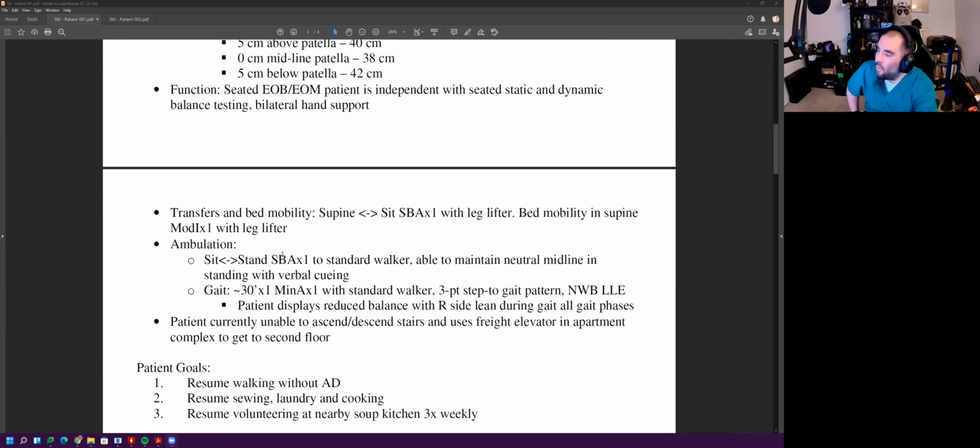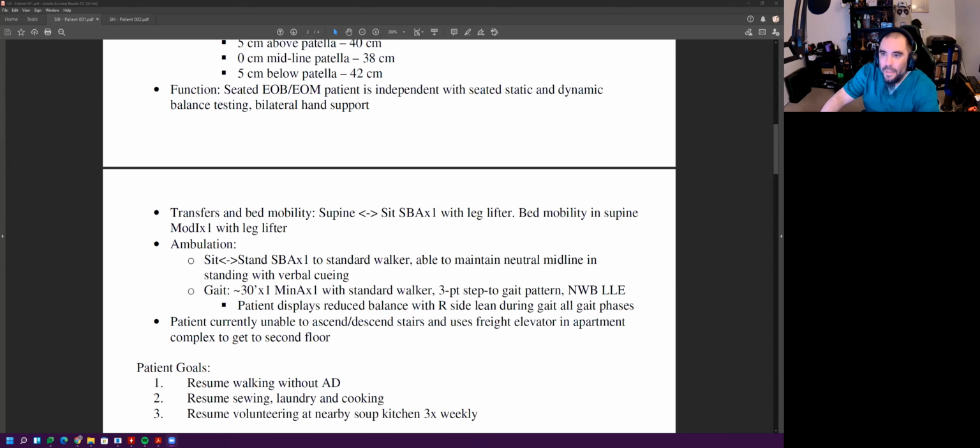So she's able to walk about 30 feet with minimal assist with the standard walker. How much assistance do we give with minimal assist? 25% or less. Does that make sense? So 15 would be okay.